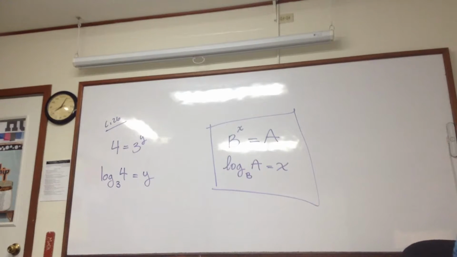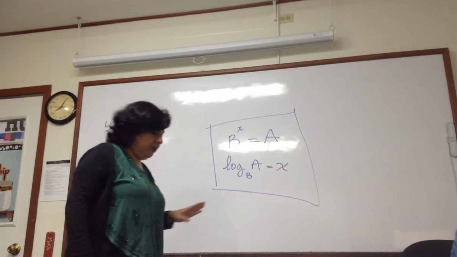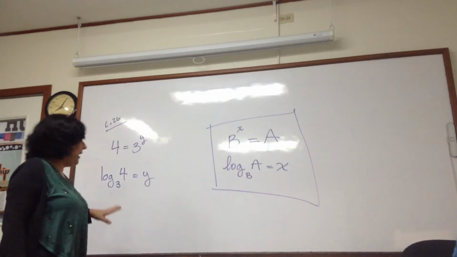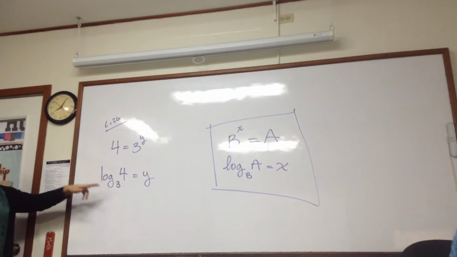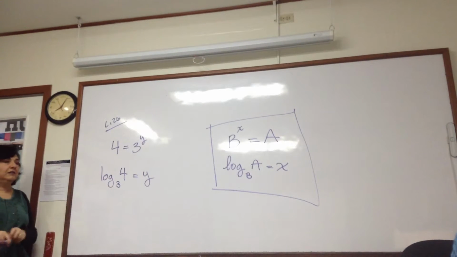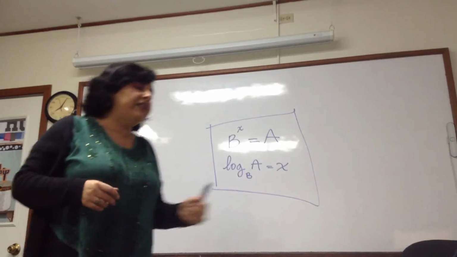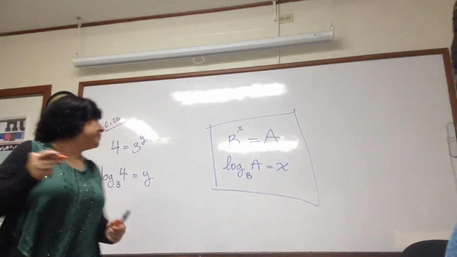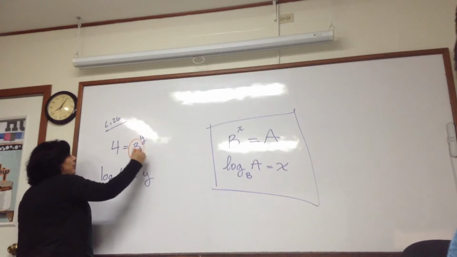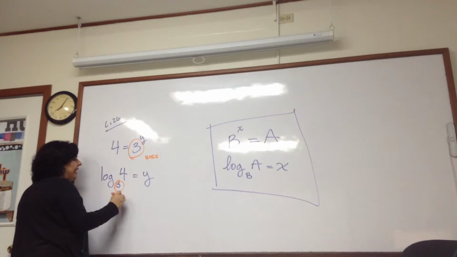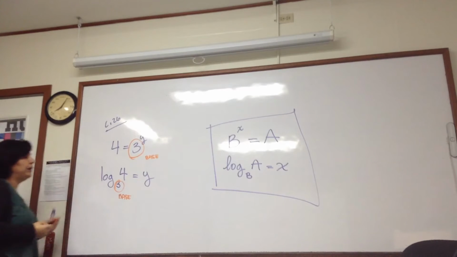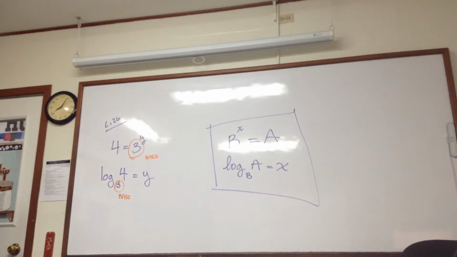Right now, just learn how to go from one form to another, okay? That means we don't have to use a calculator for that, right? All you have to understand is that the big number is the base. So, in both cases, this is the base. You can't do it in the calculator with a base 3, so just so you know, I'll teach you later how to use the calculator to find this out.